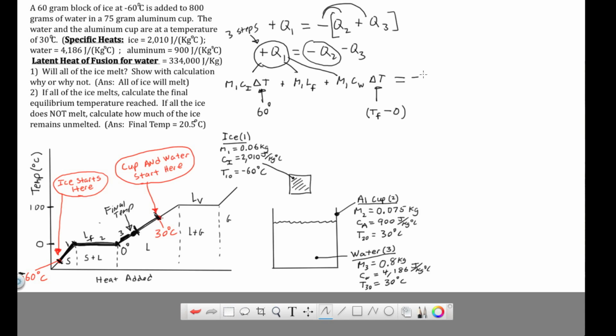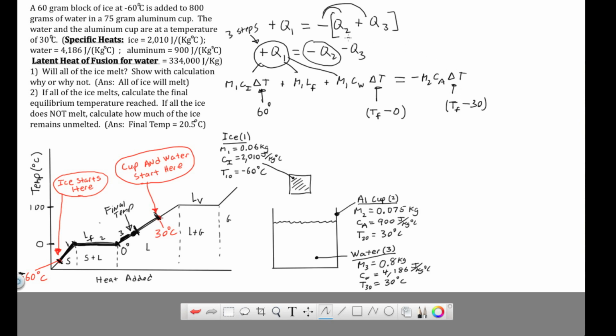So this is going to be negative M2 specific heat of aluminum delta T. And then that delta T, again, change is always final minus initial. So that's going to be T final minus 30 because the starting temperature of the aluminum was 30. So we're going to plug that in for delta T.